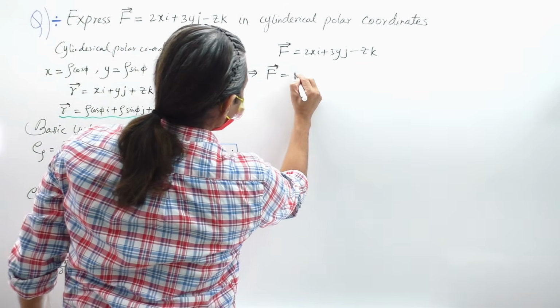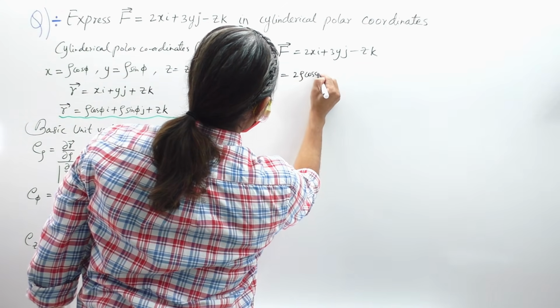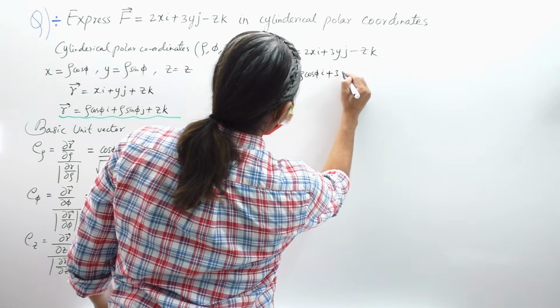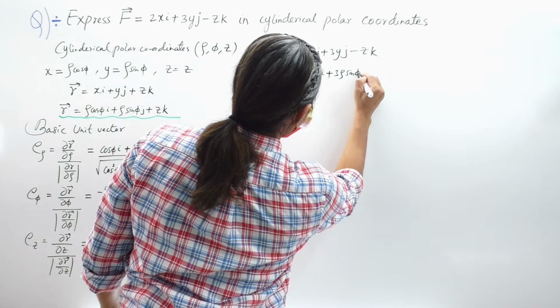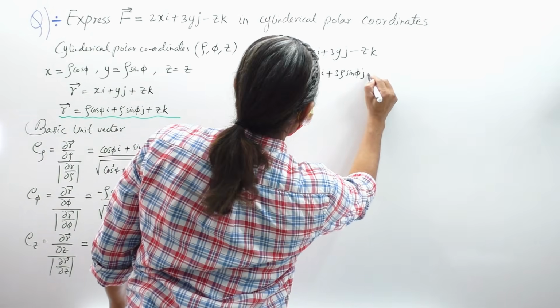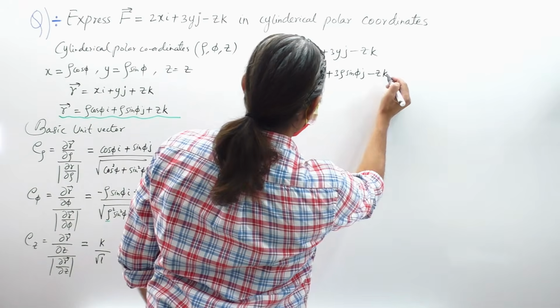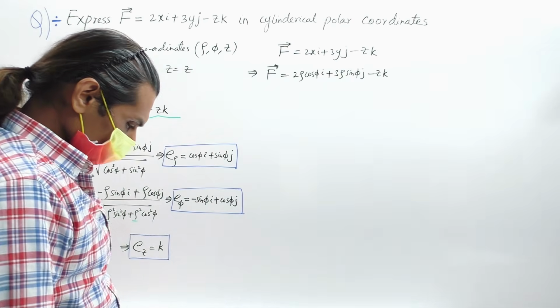Rho cos phi. 2 rho cos phi into i plus 3 rho sin phi into j minus z, z is z only, zk. This is what we have. So we have the F vector here.